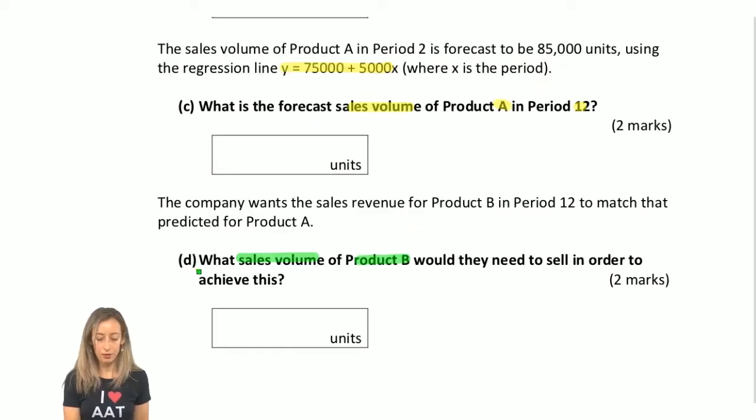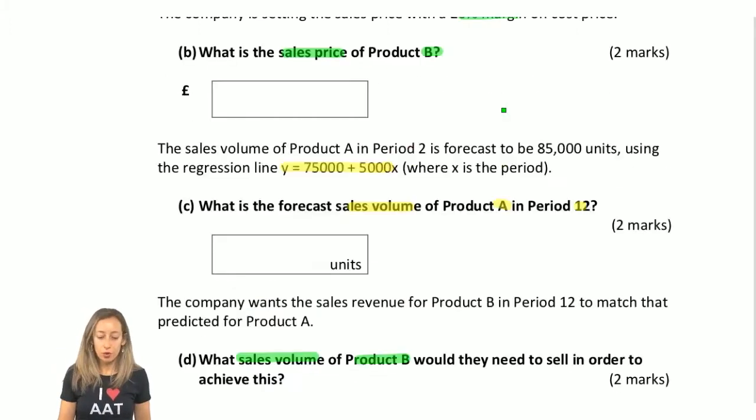To be able to do part D, we need to have done part C first, don't we? Because we need to know what revenue is required for product A and then calculate the number of units for product B. If we don't know the answer to part C, the sales volume for product A, we are not able really to get the rest done, can we? So let's have a look, okay?